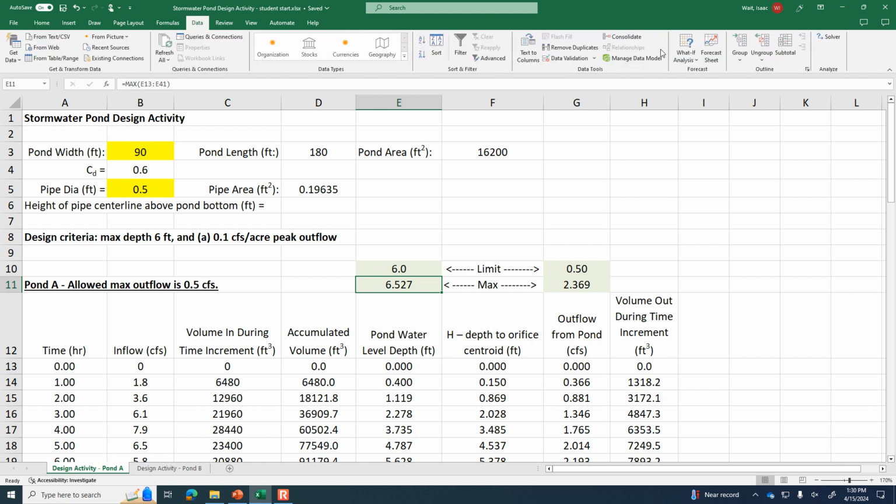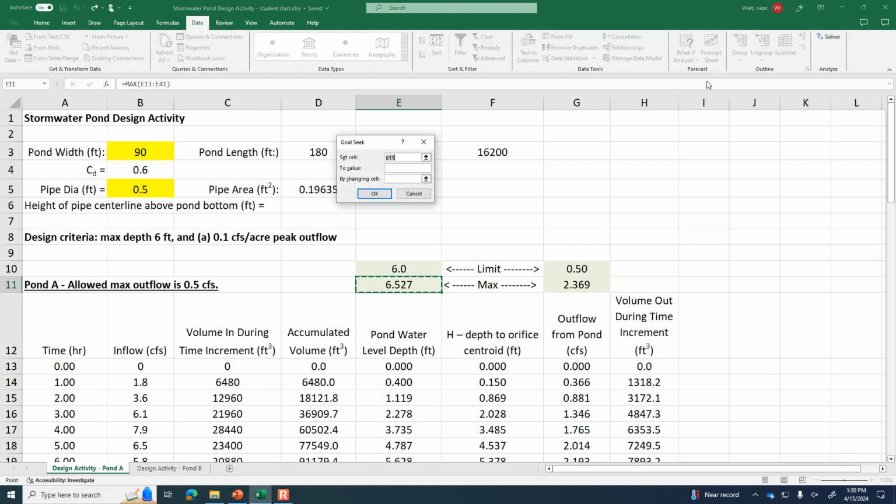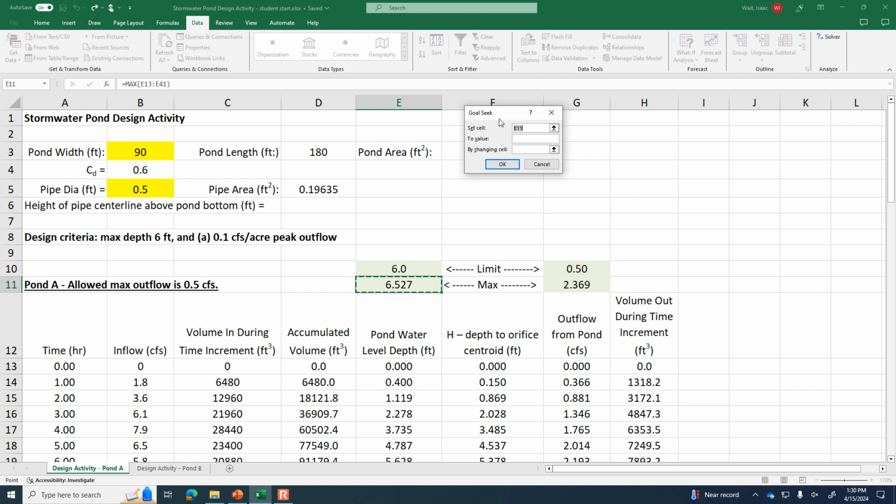So data, what-if analysis, goal seek, set this cell E11 to a value of 6 by changing the pond width. And this will get us really close to our final design. We'll still need to change things again after we optimize the pipe diameter, but let's just go for it.